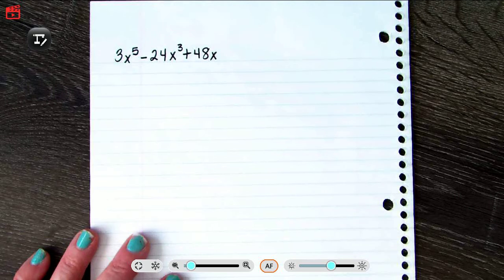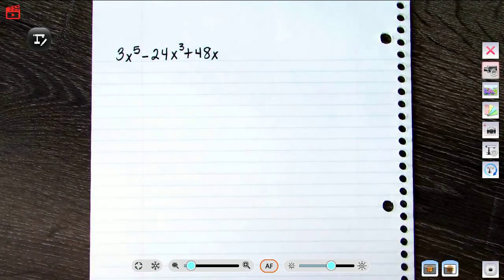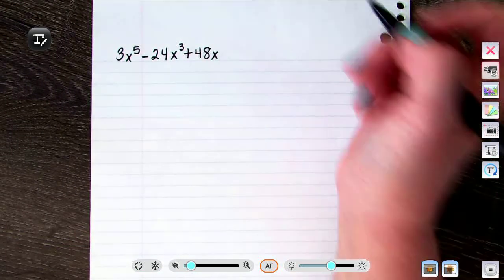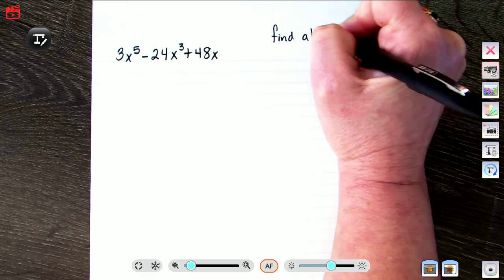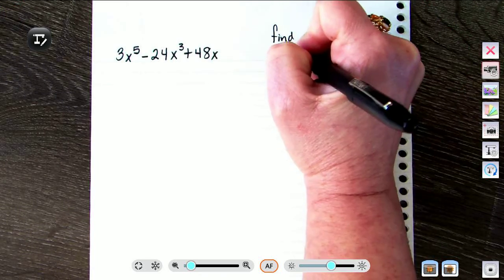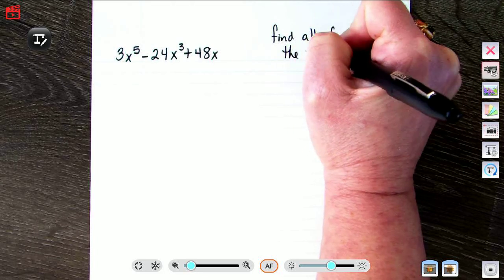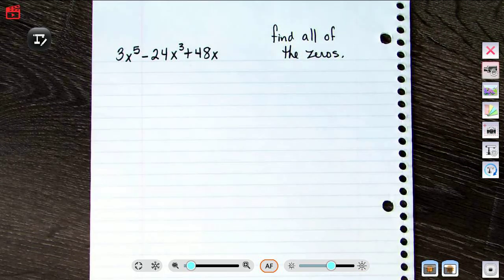And we want to find all of our zeros. Again, find all of the zeros. And they're not going to ask you to find all of the zeros on something that you can't find all of the zeros for.